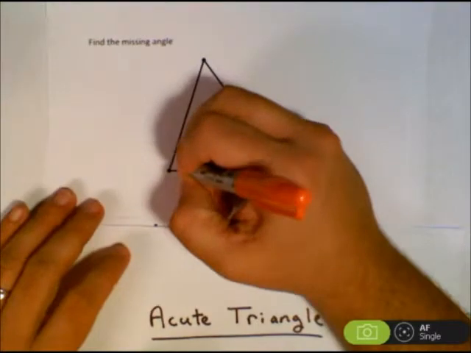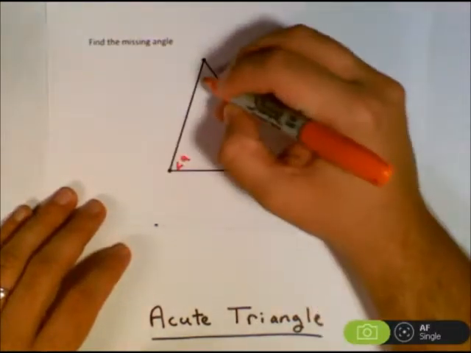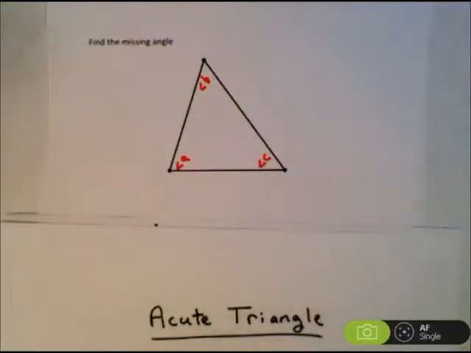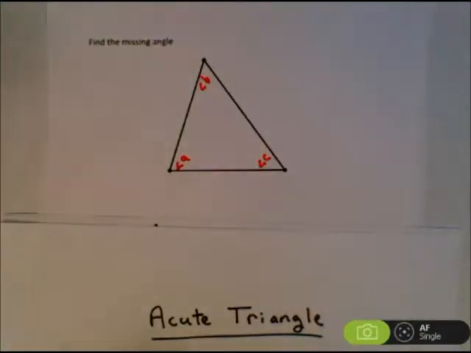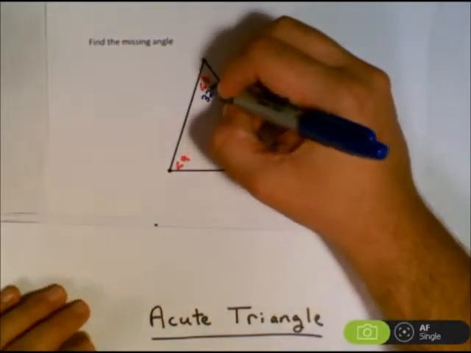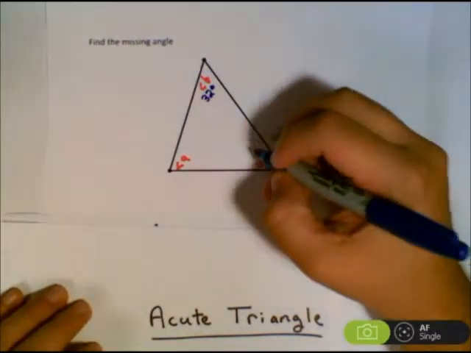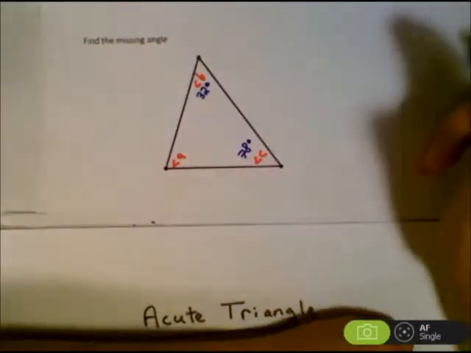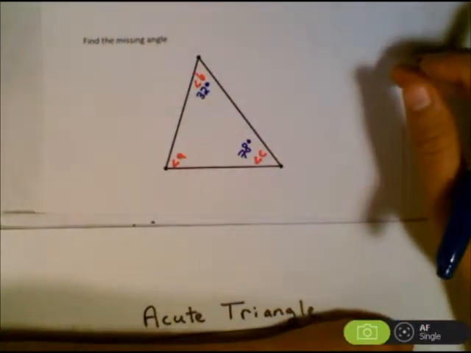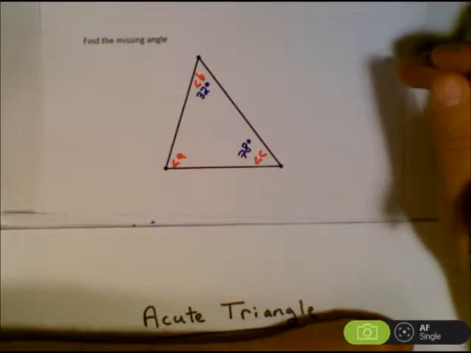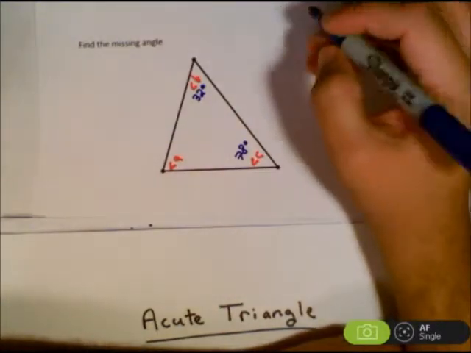Let's call this angle A, angle B, and angle C. Let's say that angle B is 32 degrees and angle C is 78 degrees. Again, what do the measures of all the interior angles of a triangle equal? They equal 180 degrees.